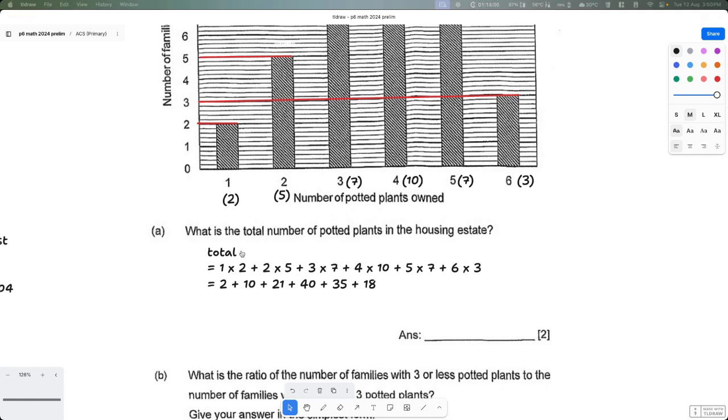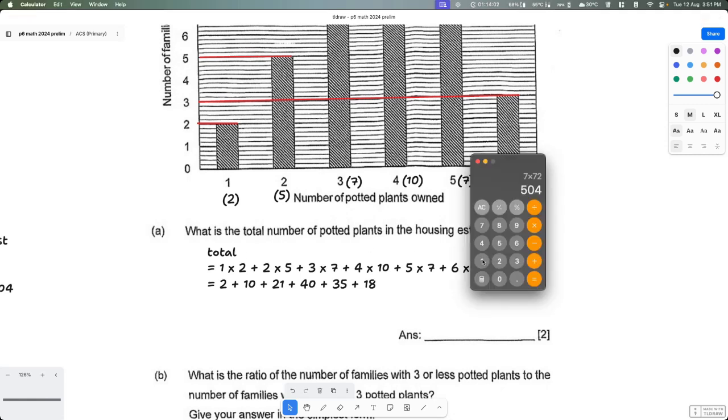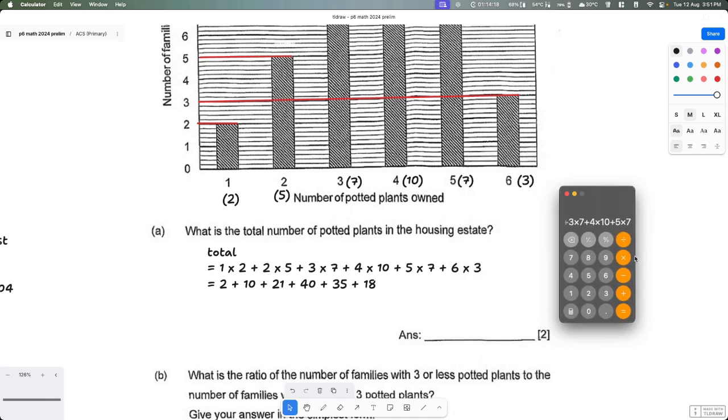We can do this on the calculator. So 1 times 2 plus 2 times 5 plus 3 times 7 plus 4 times 10 plus 5 times 7, and then we have 6 times 3.